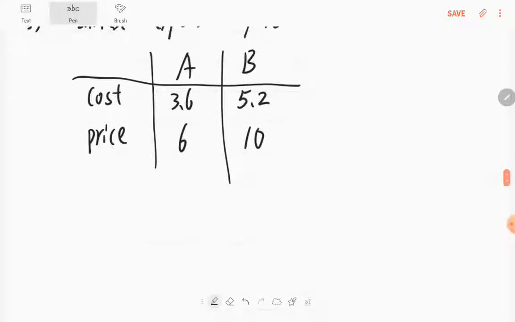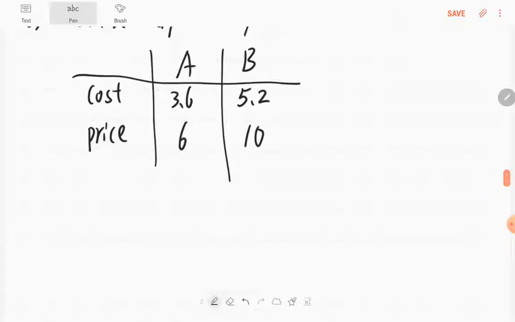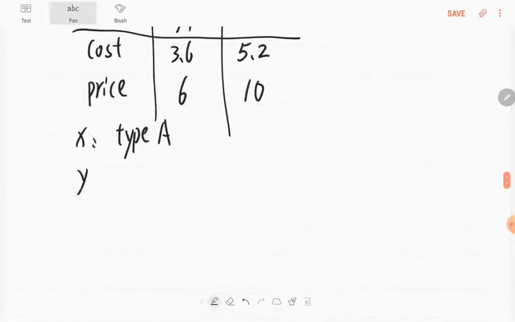Let X be the number of type A frames, and Y be the number of type B frames. We want to write an inequality describing the revenue is less than the cost.